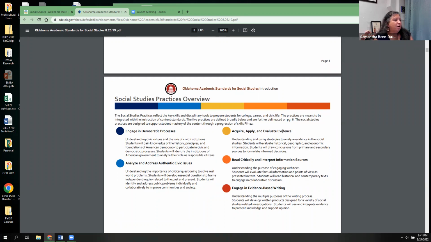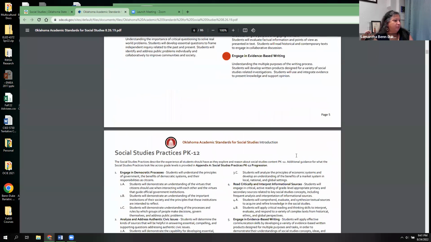Notice that these are all overlapping with our language arts standards as well. We want students to be able to read maps, to use economic information, to collect data and be able to use that data, and then engage in evidence-based writing. So they're drawing conclusions, they're sharing their opinions based on the information that they have gathered and evaluated.